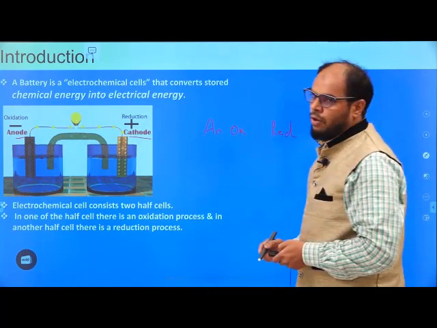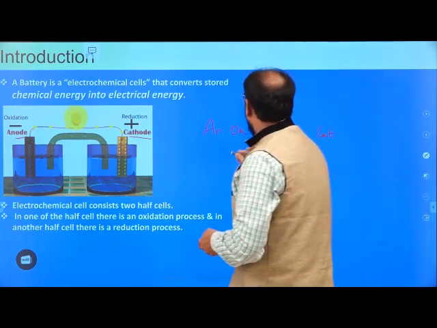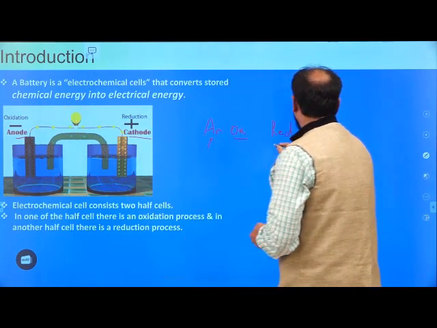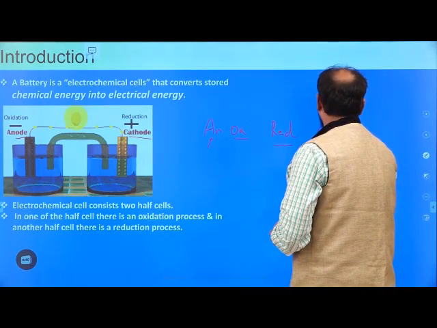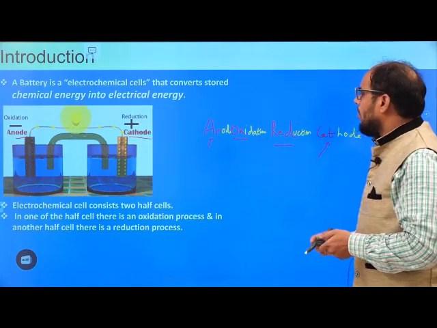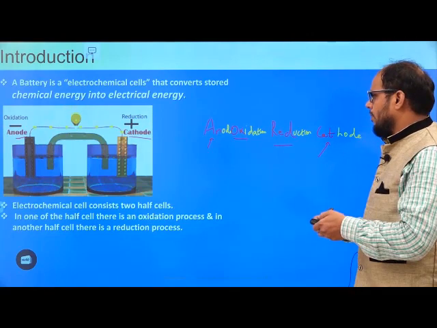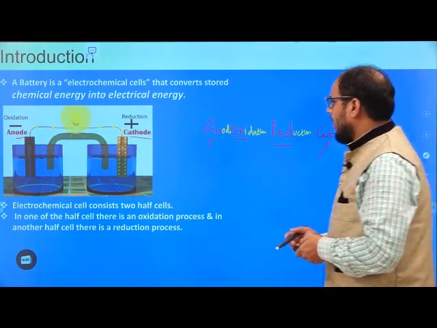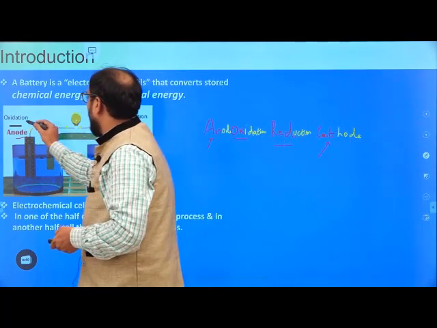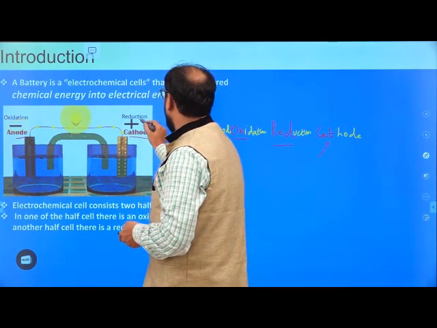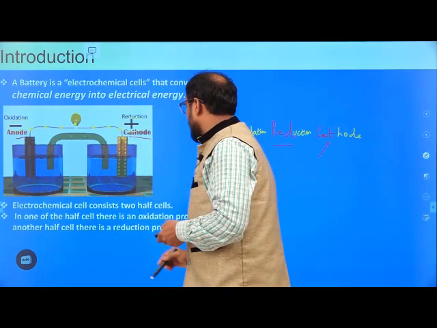If you expand this mnemonic, oxidation always occurs at the anode, and reduction always occurs at the cathode. So, with this, we are going to move our lecture. One thing you should ponder: for an electrochemical cell, the anode is the negative terminal and the cathode is the positive terminal. Why is it so?